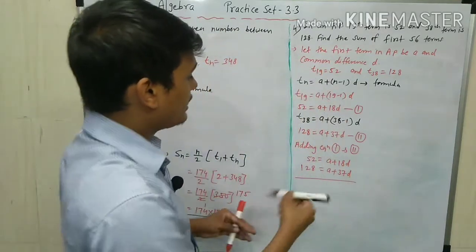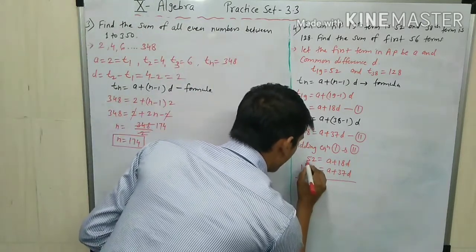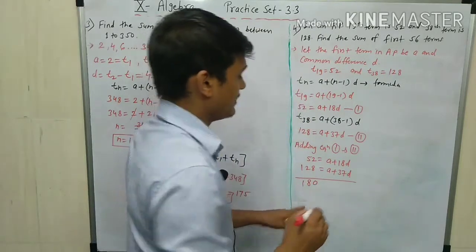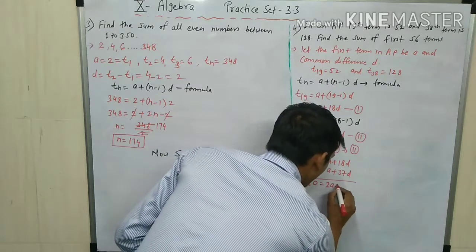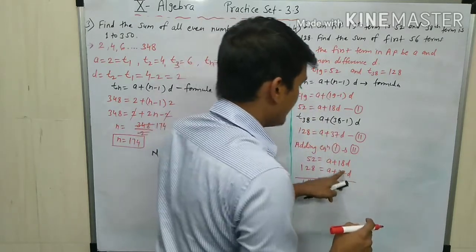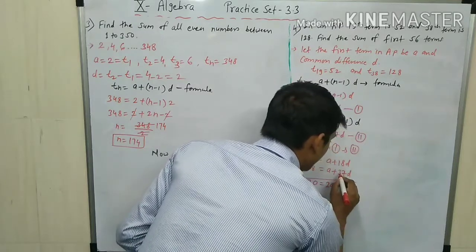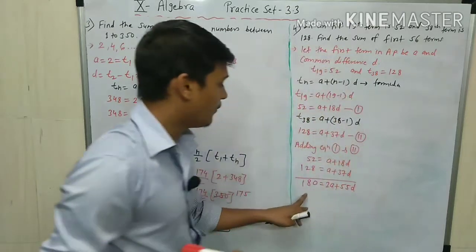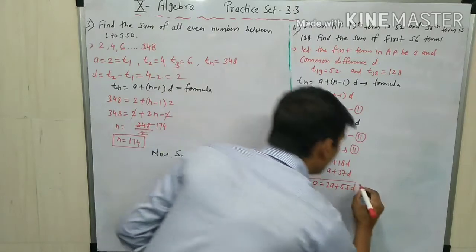Now adding the equations: 180 is equal to 2A plus 55D. This is your equation number 3.